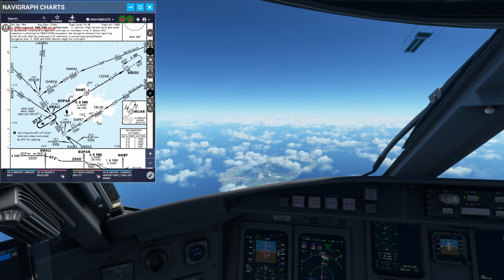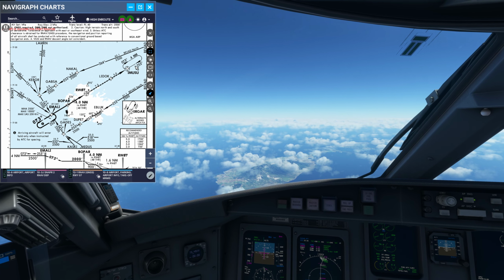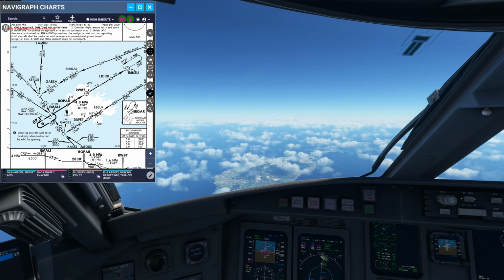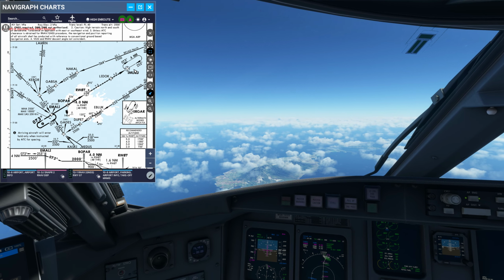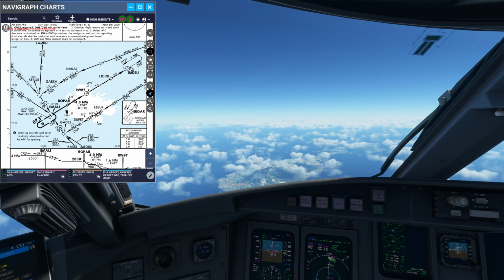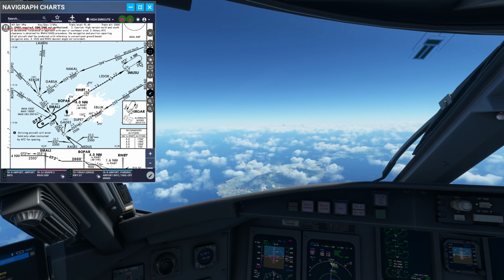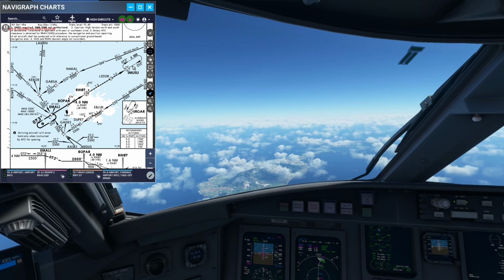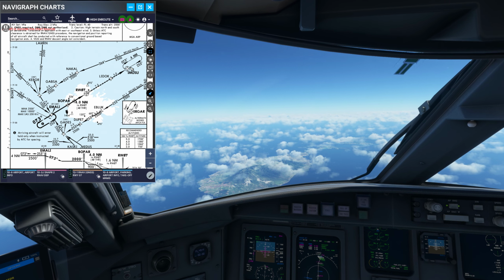The other reason I don't like parallel entries is because you go outbound on the 073 heading, the reciprocal of this heading. Go outbound for 4 nautical miles, and you make a left-hand turn to come around back to enter the holding pattern. You are making a turn in the opposite direction of the holding pattern that you're entering, right? And that can get confusing.